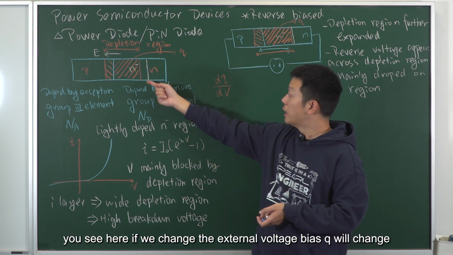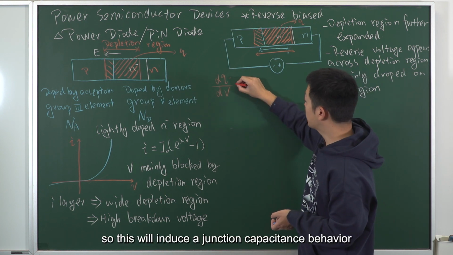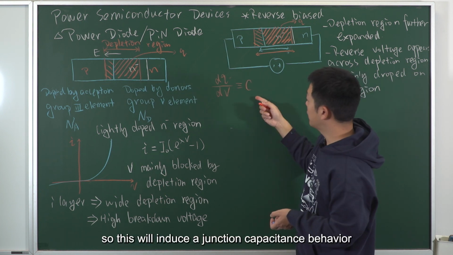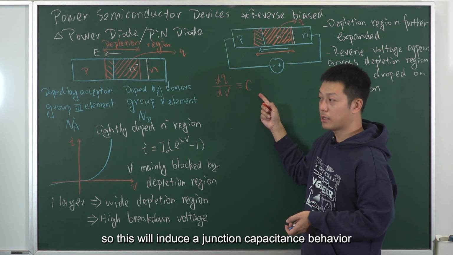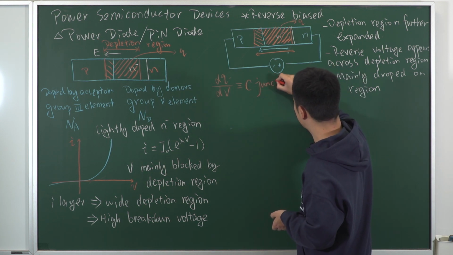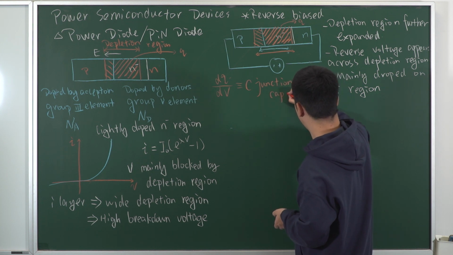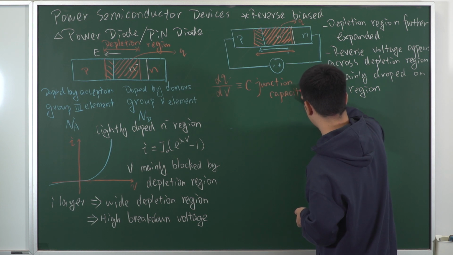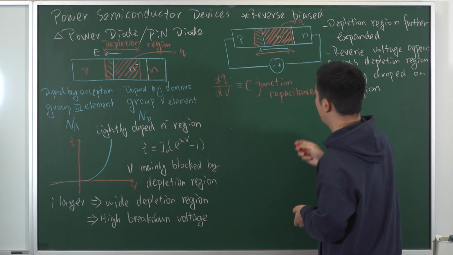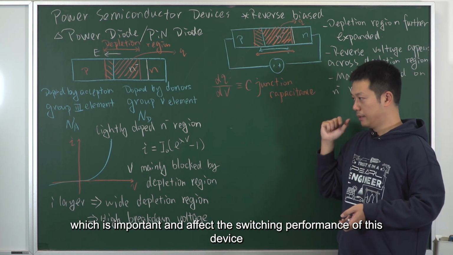You see here, if we change the external voltage bias, Q will change. So this will induce a junction capacitance behavior, which is important and affects the switching performance of this device.